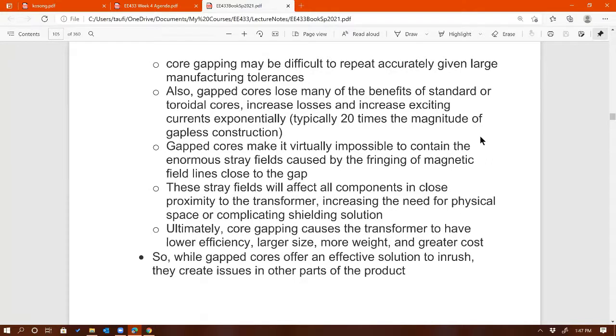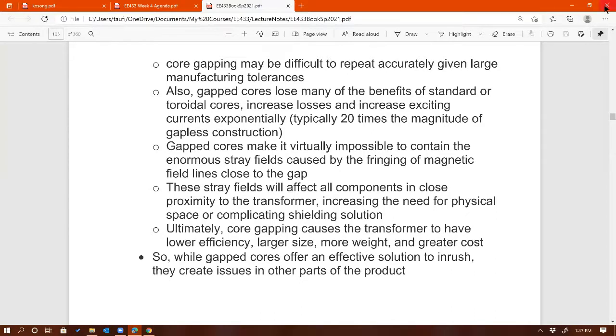You don't really see the air gaps, but they introduce the air gaps within the core material itself. When they manufacture the core as one solid piece, the materials used to make it have air gaps in them. So it's not one physical air gap, but the air gap is distributed all throughout the core.